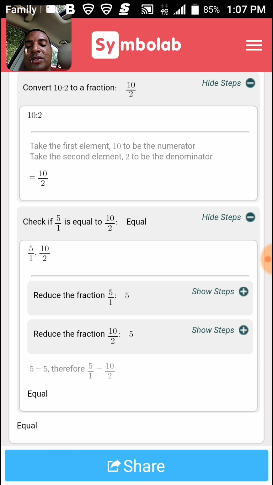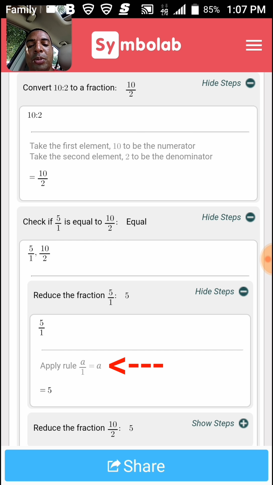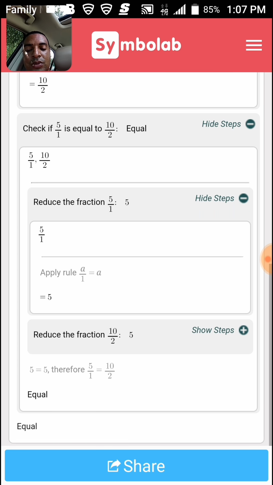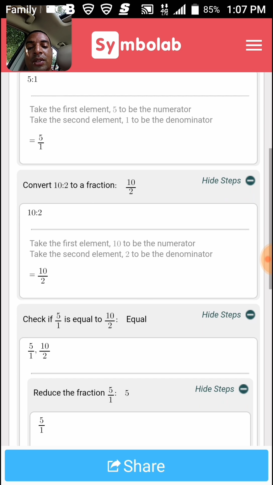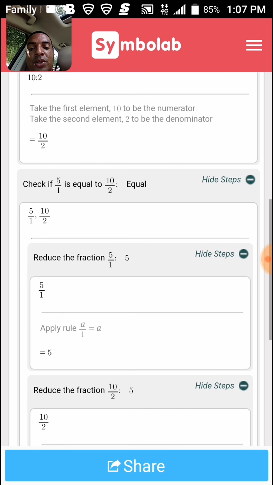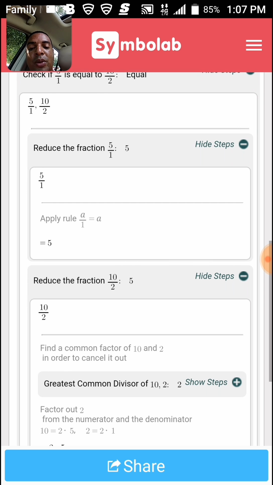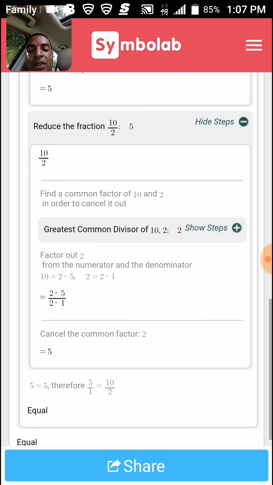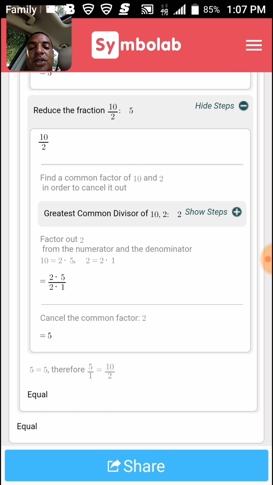Here are the final steps. We reduce the fraction 5 over 1 to 5, because 5 divided by 1 is 5, as we said earlier, and we apply the rule: a over 1, a being a number, equals a. Reduce the fraction 10 over 2 to 5. To reduce this fraction, we apply the common factor of 10 and 2 to cancel it out.